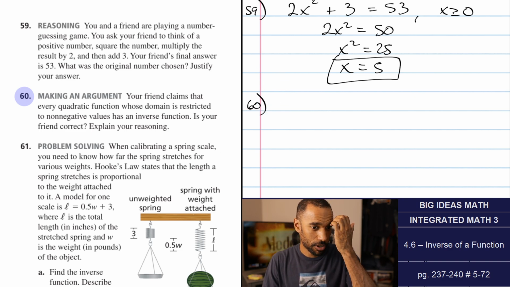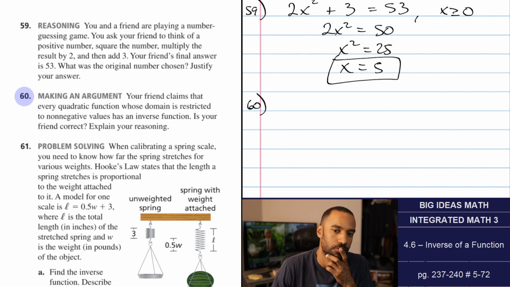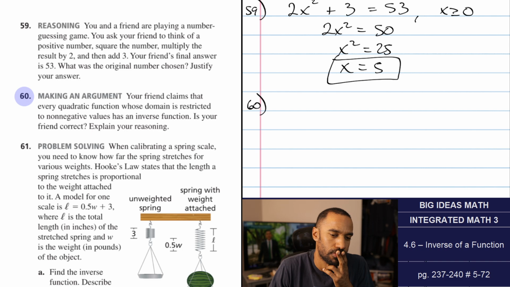Your friend claims that every quadratic function whose domain is restricted to non-negative values has an inverse function. Is your friend correct? Explain your reasoning. Quadratic? I'm trying to think.